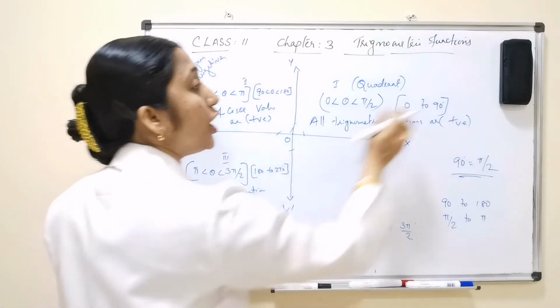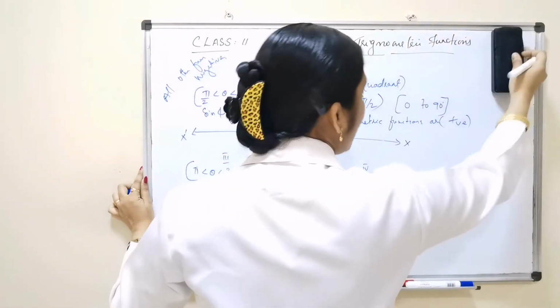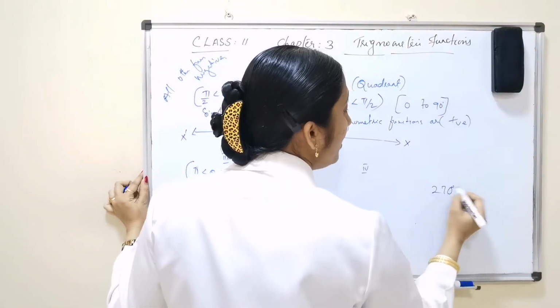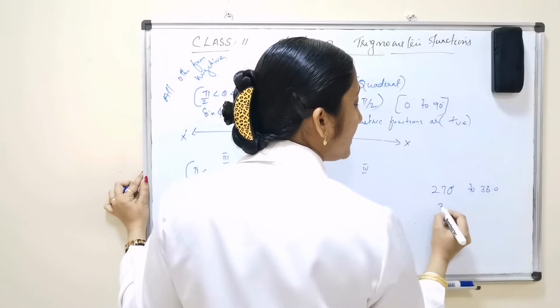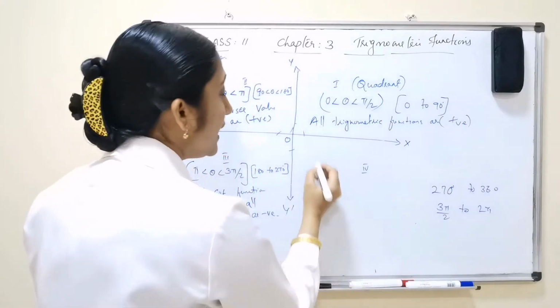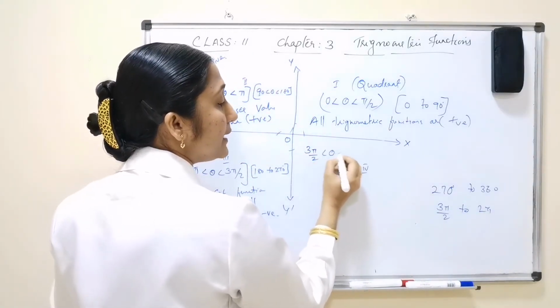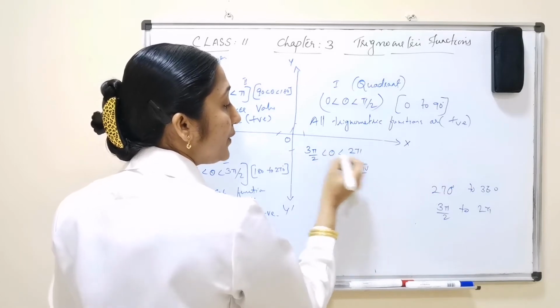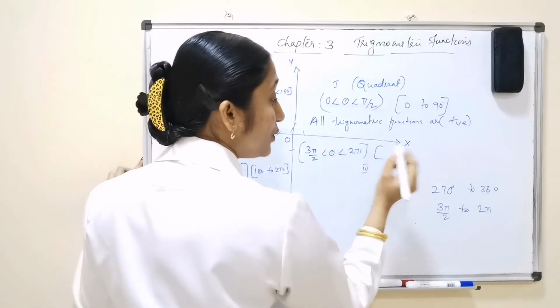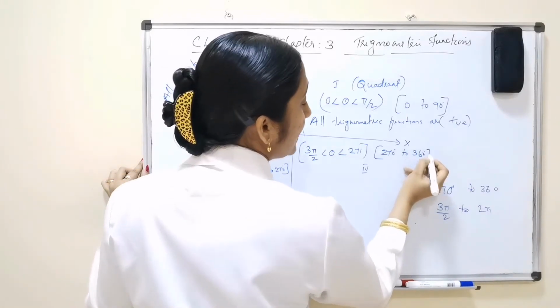The fourth quadrant is 270 to 360, which is 3 pi by 2 to 2 pi. So theta lies between 3 pi by 2 and 2 pi, or otherwise 270 degrees to 360 degrees.